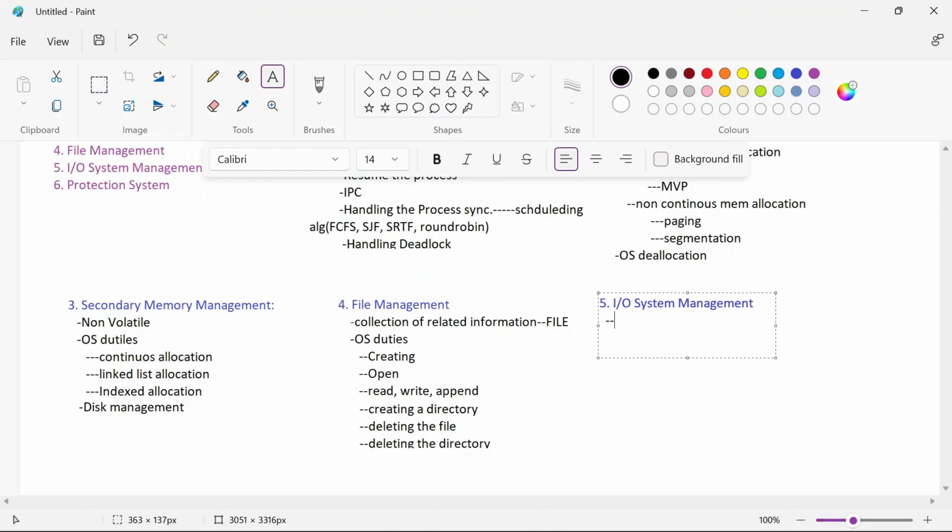But here you need to understand that whenever we are connecting the input or output system to the particular user, we need to hide the related information of that particular IO device from the user. We should not reveal the peculiarities of that specific hardware device.